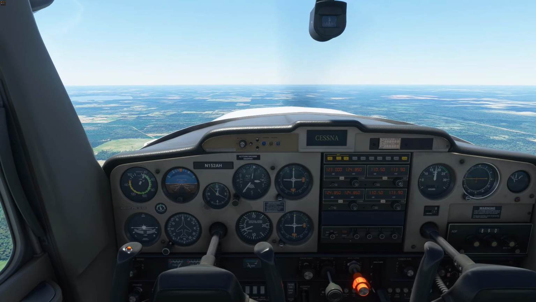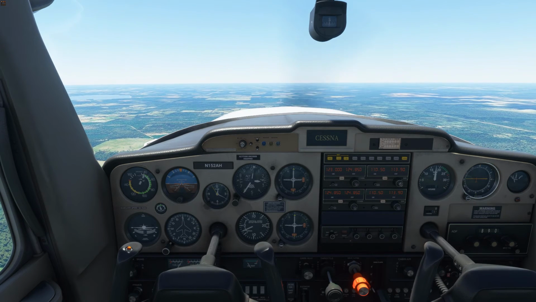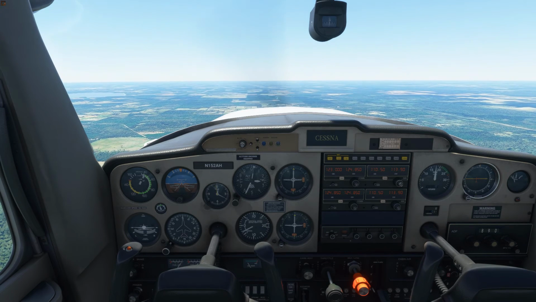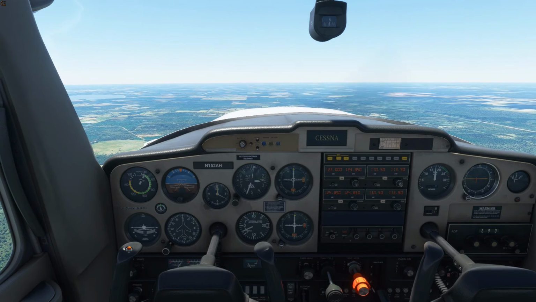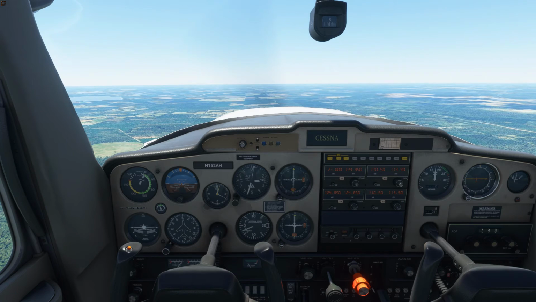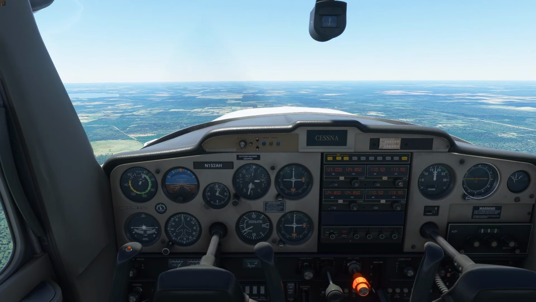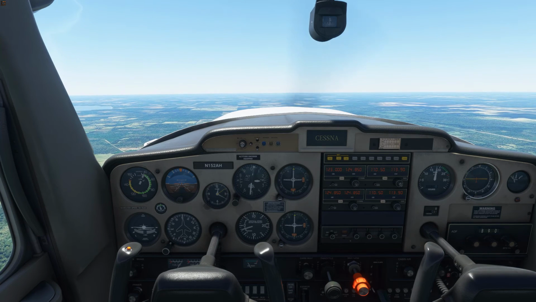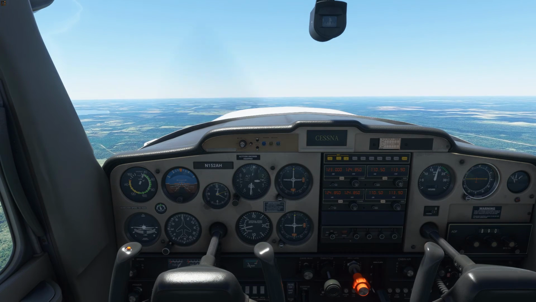Or excuse me, 10% of our rate of descent. Half your angle of bank to lead out the turns. So going down at about 300 feet per minute right now, so we'll lead it by 30 feet. And just bring our power back in very gradually.